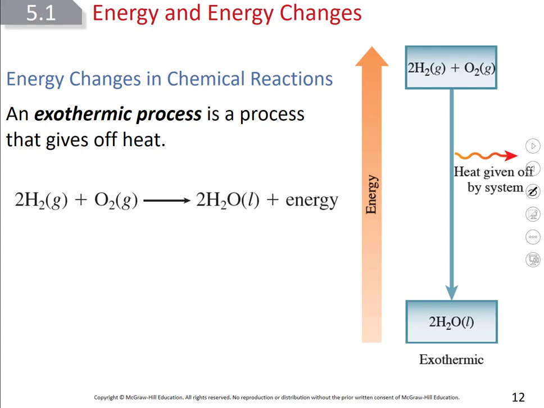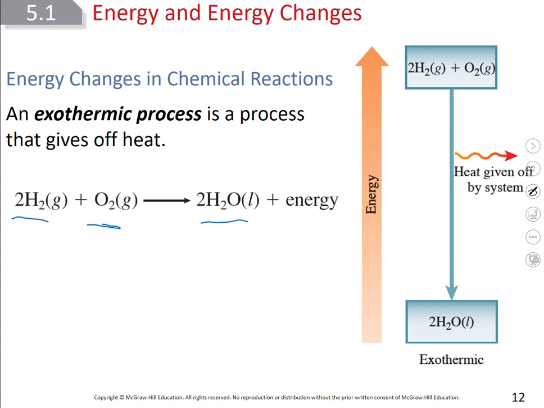So one way of determining this is if you're given a chemical reaction. For example, here we have the combustion of hydrogen that we did on Friday. Hydrogen plus oxygen turns into water vapor. That's what we did in the little test tubes in lab. When we did this, it also released energy.